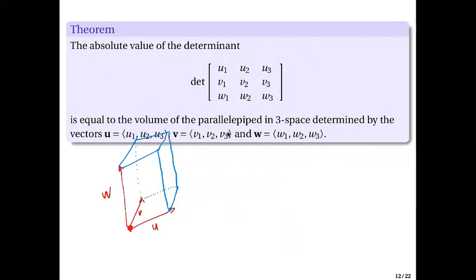So if you have three vectors and all of these vectors lie on the same plane, then this determinant will be equal to 0. Volume will be equal to 0.